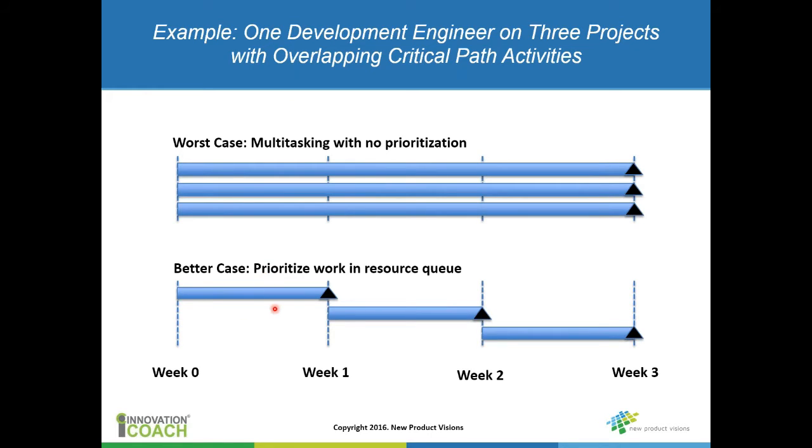And so task 1 is higher priority than task 2, which is higher priority than task 3. Of course, this is in the perfect world. It doesn't necessarily work out like that all the time, and we'll talk about that in a little bit. But the point is that you need to make sure that you have some stable priorities.